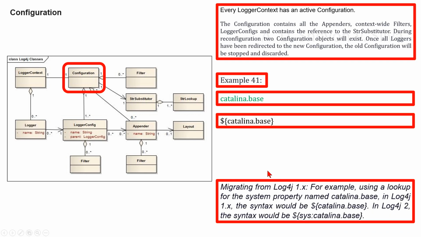Now we are considering configuring Log4j2 when migrating from Log4j 1.x. For example, using a lookup for the system property named catalina.base, in Log4j 1.x the syntax would be ${catalina.base}, and in Log4j2 the syntax would be ${sys:catalina.base}. Although the Log4j2 configuration syntax is different from Log4j 1.x, most if not all of the same functionality is available.